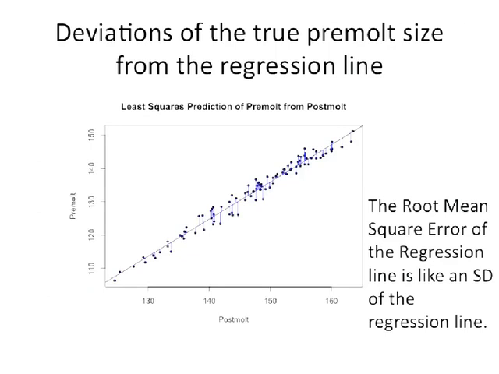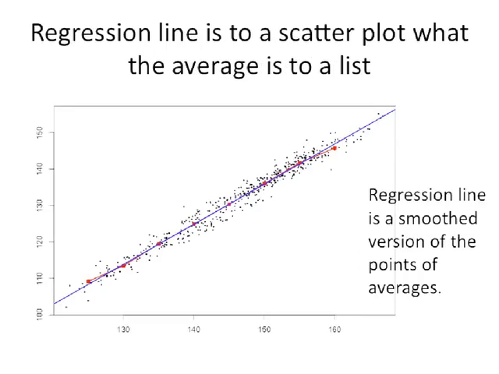So what are the errors like when we use that line? The beauty of this regression line is that now when I want to make a statement about the pre-molt size for crabs who have a post-molt size of about 135, I can plug 135 into my regression line and read off the pre-molt size.